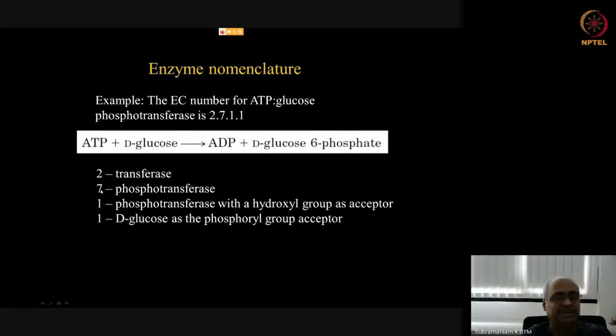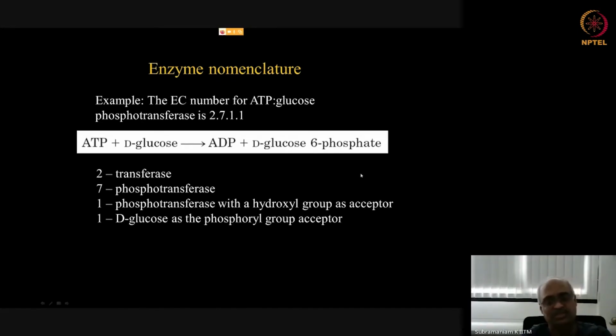Now, where is this phosphate getting transferred to? To answer that, you have subgroups within 7. And this is number 1 because it transfers the phosphor group with a hydroxyl group as acceptor. In glucose, you are familiar that you have hydroxyl groups, the alcohol groups, and to one of them the phosphate group is transferred.